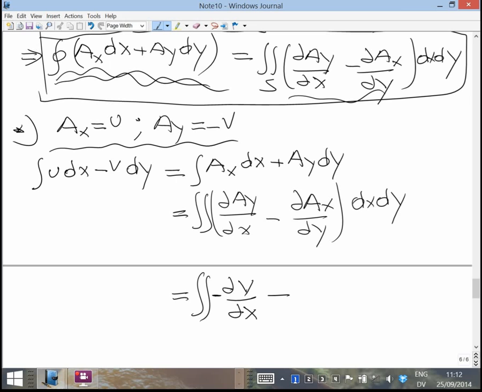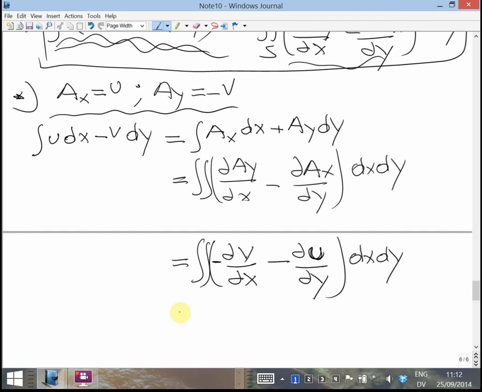My ax is u, so I get minus du/dy, dx dy. And if you go back to our friends, the Cauchy-Riemann conditions, you will see that this is indeed 0, coming from Cauchy-Riemann, or at least one of the Cauchy-Riemann conditions.